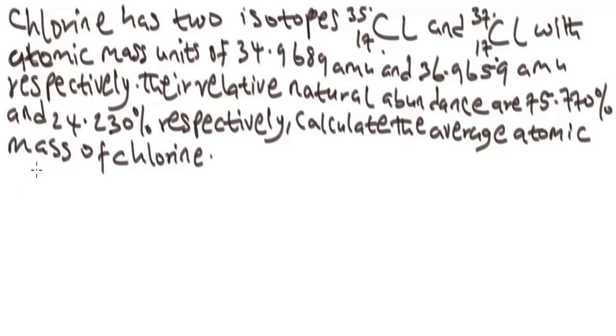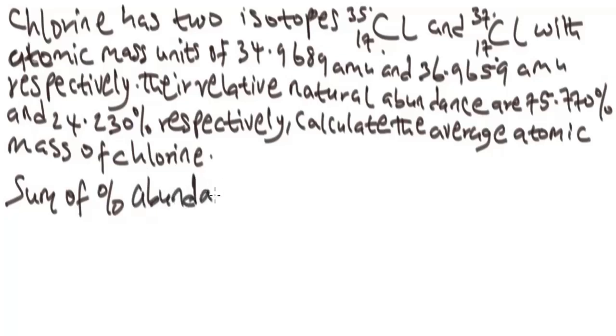The formula will be the sum of percent abundance times atomic mass. So that's the formula you apply. Alright, so when you solve this, you're going to have the percent abundance of the isotopes.